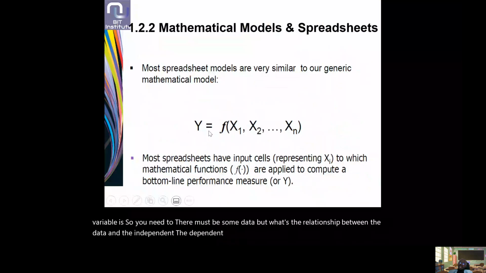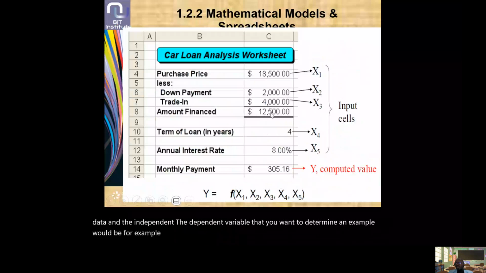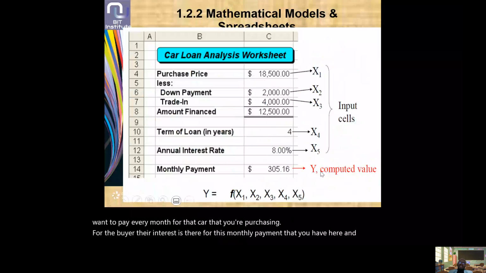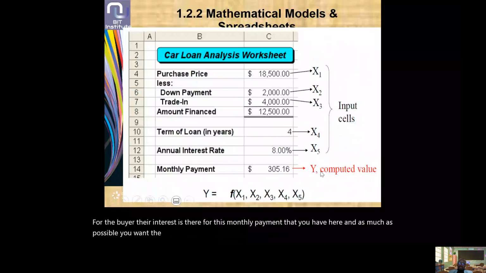An example would be when you want to purchase a car, and you want to pay every month for that car that you're purchasing. For the buyer, their interest is therefore this monthly payment. As much as possible, you want the monthly payment to be minimum.